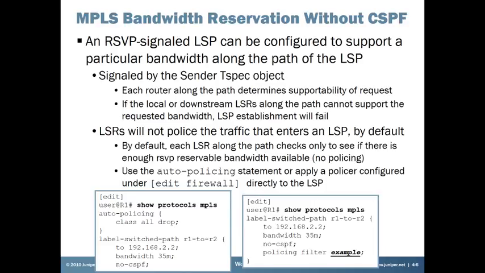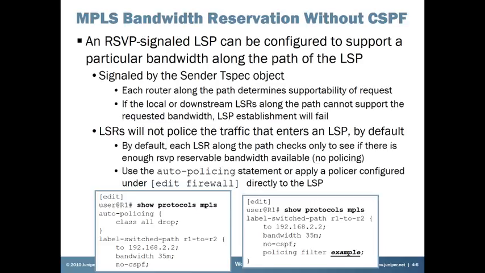So it becomes a very manual operation of, okay, that path didn't work, maybe I can try this other path, so then you've got to go and figure out what path has the bandwidth that I need. Now, the benefit of using CSPF is it'll figure that out for you. It'll look in the traffic engineering database and work out what path has the bandwidth that you need. So it's a very manual process without CSPF.